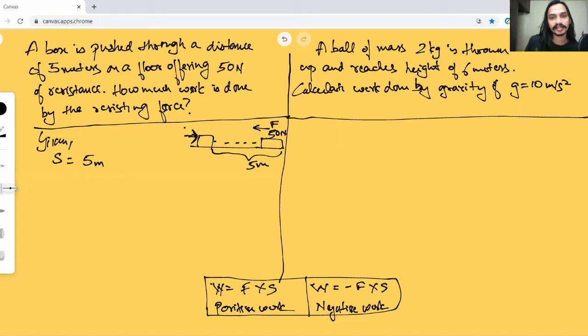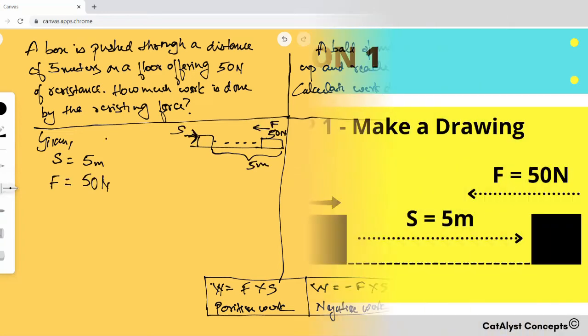If the S is in this direction, force is in this direction, right? We are not talking about the force that pushes the body. We're talking about the force that stops the body only. Now, they have given us the resisting force value, which is nothing but 50 Newton.